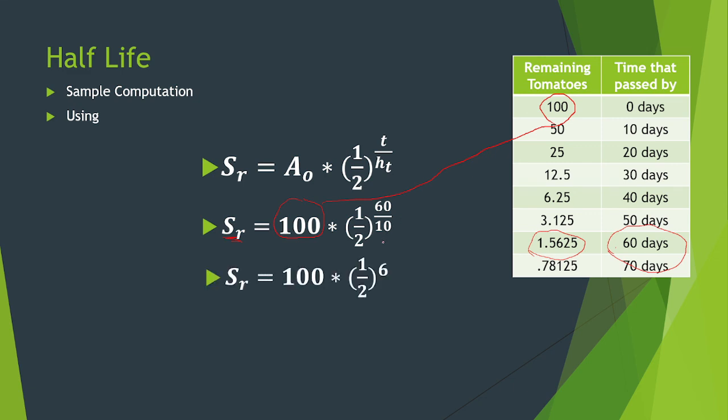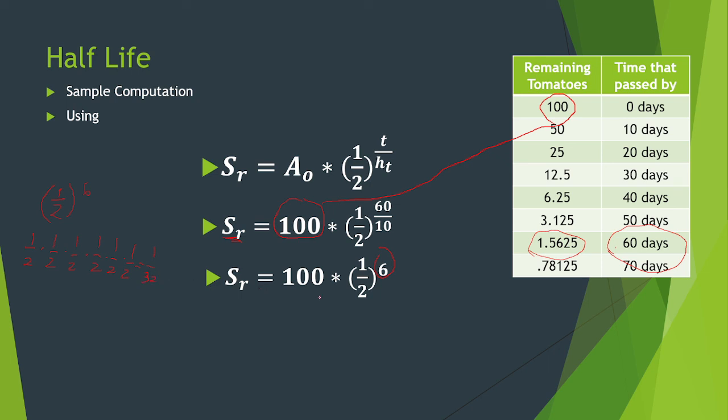After simplifying, 60 divided by 10 is 6, so 1 half raised to the power of 6 is 1 half times 1 half, six times, so that is 1 over 32.